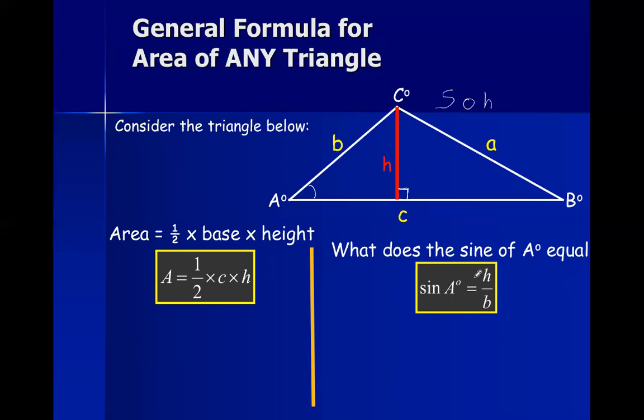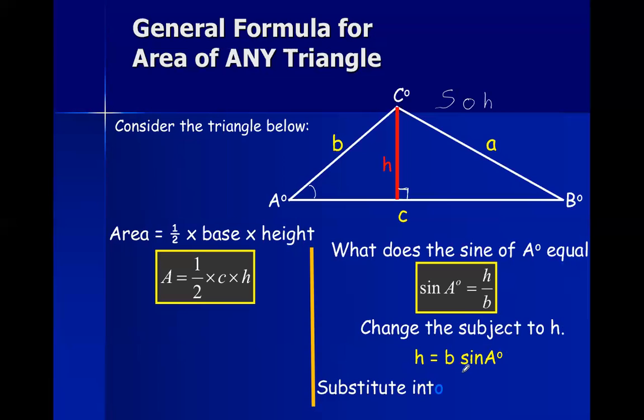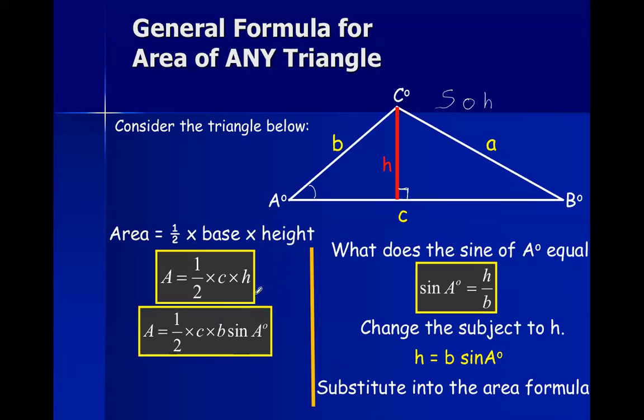So if you make h the subject of this formula, you get h equals b sine A, because what you do is you times by b both sides. So substitute that into this area here, and you've got A equals half times c times b sine A.